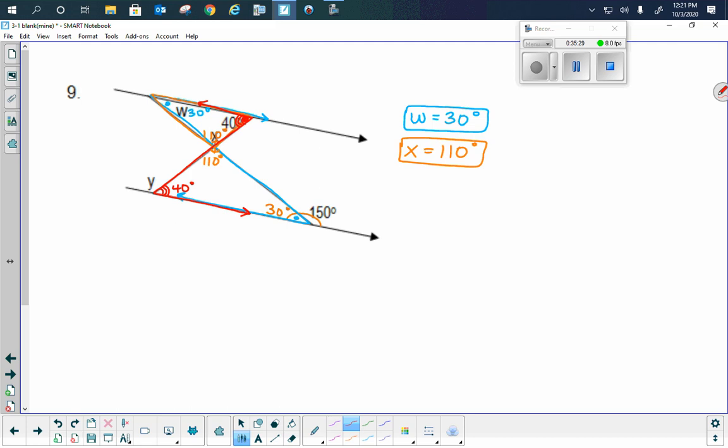And now Y and 40 are supplementary once again. Just use a different symbol. So if I do 180 minus 40, I will get that Y is 140 degrees. Of course, we'll put that in our picture.